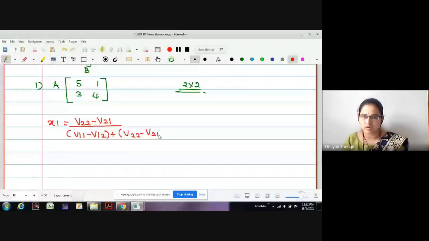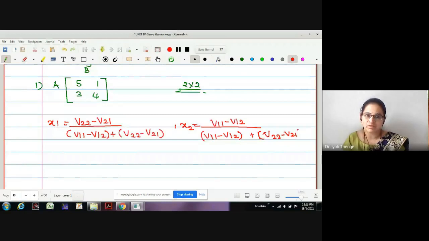What for x2? x2 is (V11 minus V12) divided by the denominator, which is the same. And what about the value of a game? Value of game is (V11 V22 minus V12 V21) divided by the same denominator.